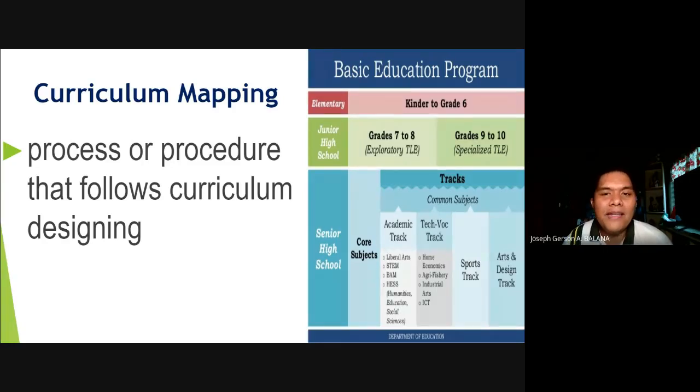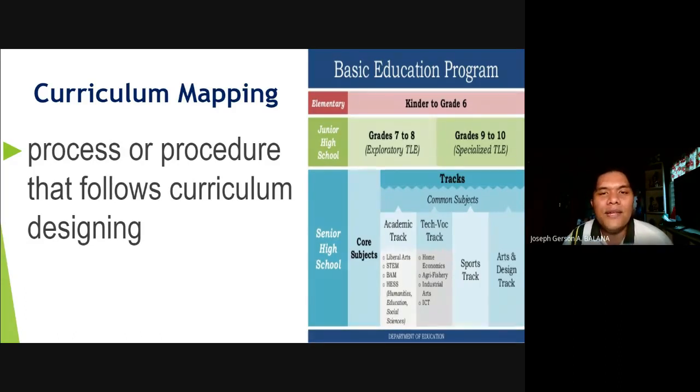Iyon ang ipapatupad, yung na-disenyo o nagawang curriculum. Pero ano yung pumapagitna mula sa design? Okay? Nagawa na yung curriculum, mayroon na. Nalista na yung competency. Nalista na, na-arrange na siya, naihanay na. The content, the experiences, the activities, or the goals are already stated first.